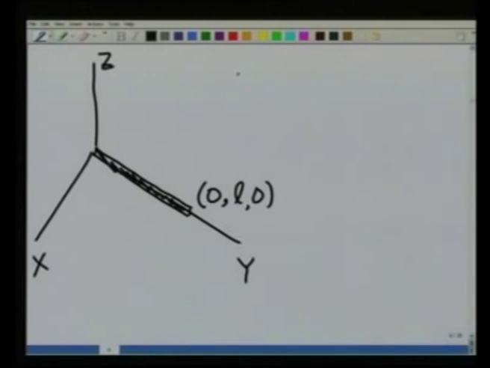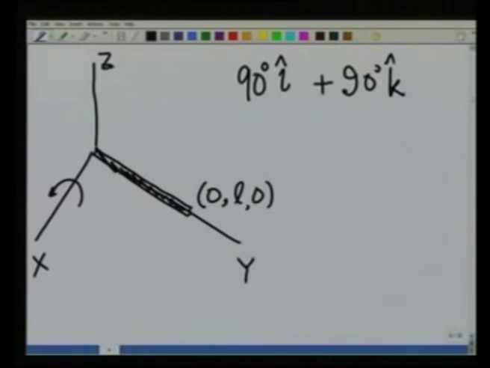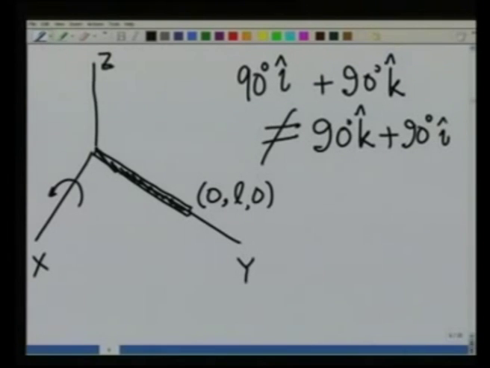Then I first gave it a rotation of 90 degrees about the x axis in counterclockwise sense, and then rotated it about the z axis again by 90 degrees. This was not the same as rotating it first about the z axis and then rotating it about the x axis. Let us see it mathematically.